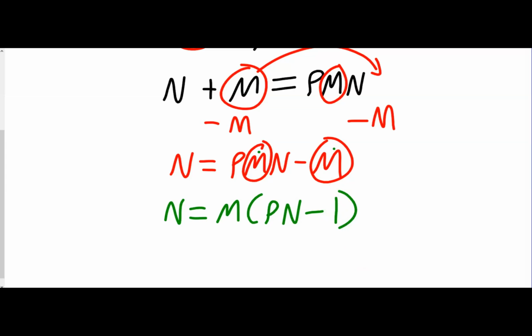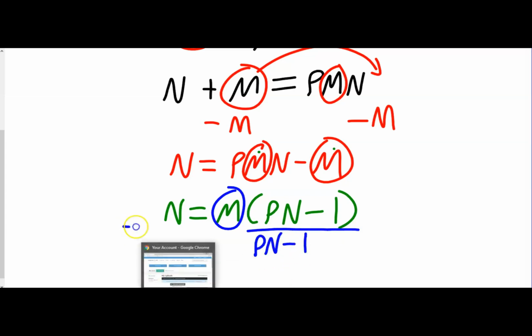So when I pull that M out, I'm left with Pn minus 1. And then now you're at step 4. All those extra variables by who we want, because we want M by itself, all those extra variables over there, we're going to get rid of them through division. We're going to divide the Pn minus 1 away. So, what does M officially equal?